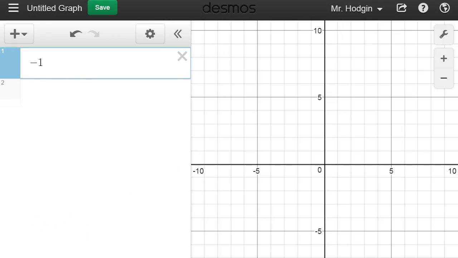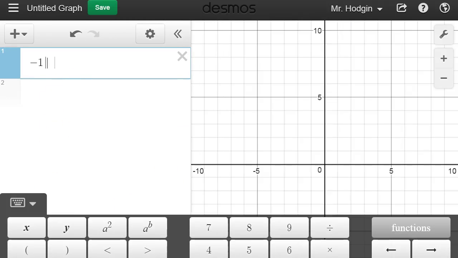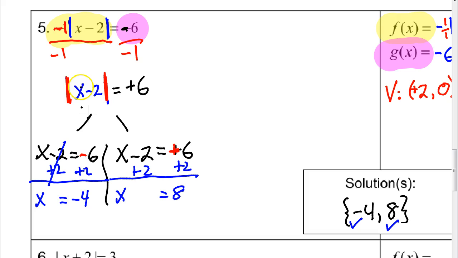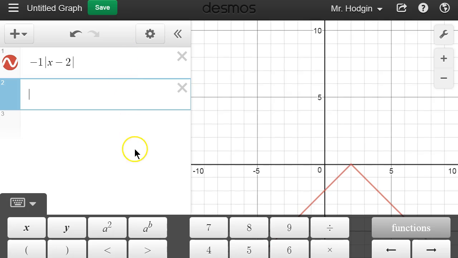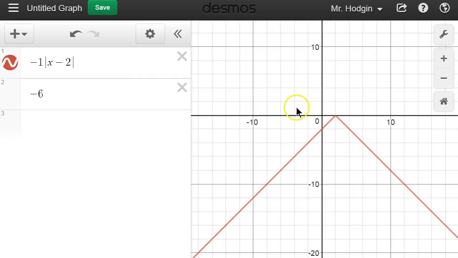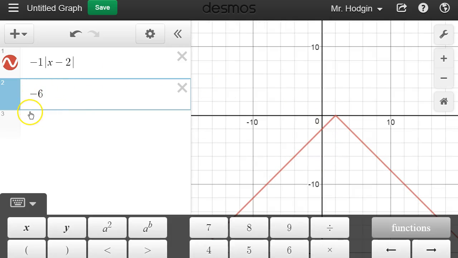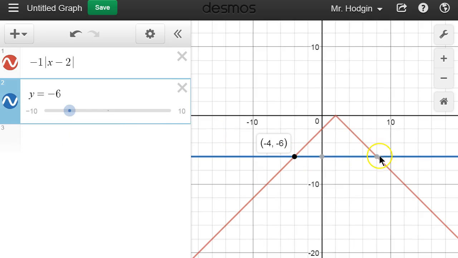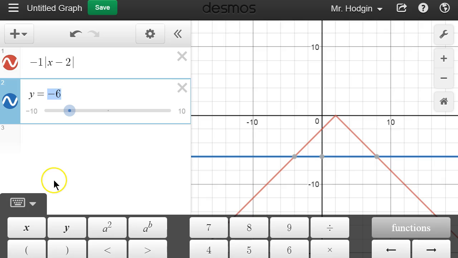And then the second line will be -6. And then you can see your 2 answers, x equals -4, x equals 8. Of course, they're going to be comma -6, but we don't really care about that. We already knew that's what it's going to be.